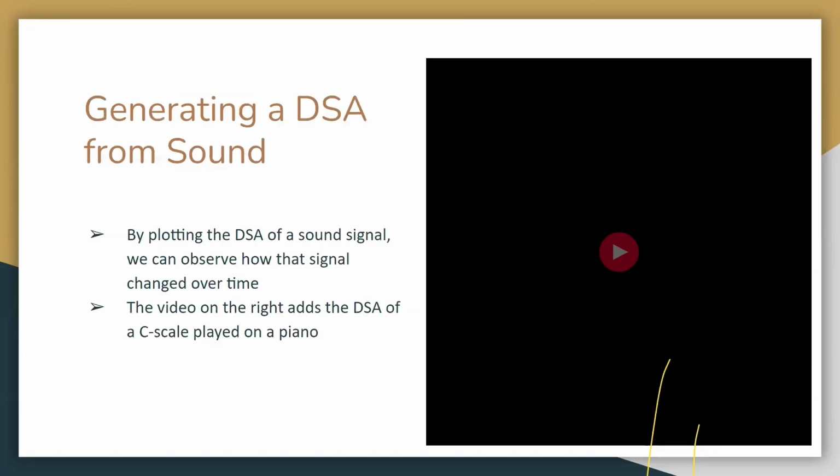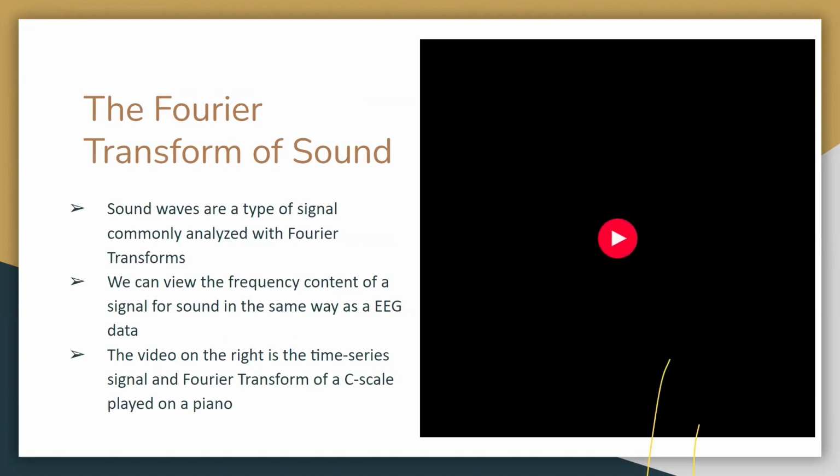So I'm just going to play two of the videos in this section. I took some sound waves and converted them directly to the DSA. What I'm presenting here is just the C scale on a piano, me playing it, and I'm plotting the time domain data and the Fourier transform in this video.